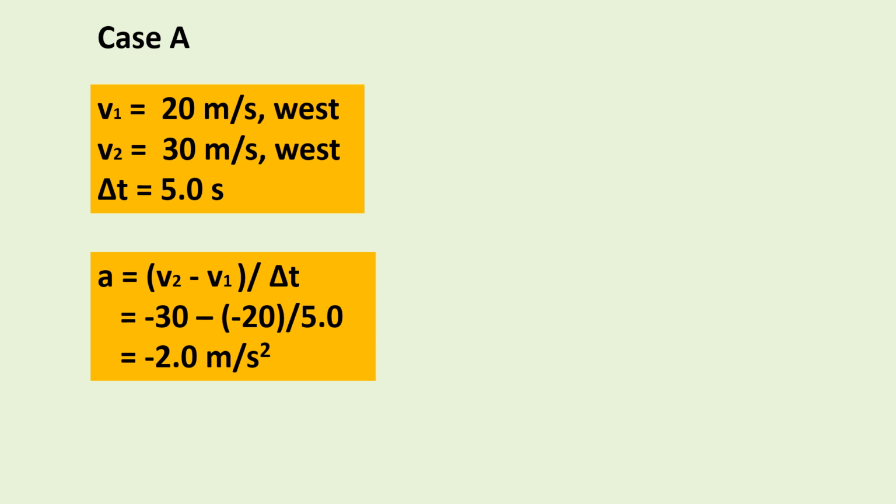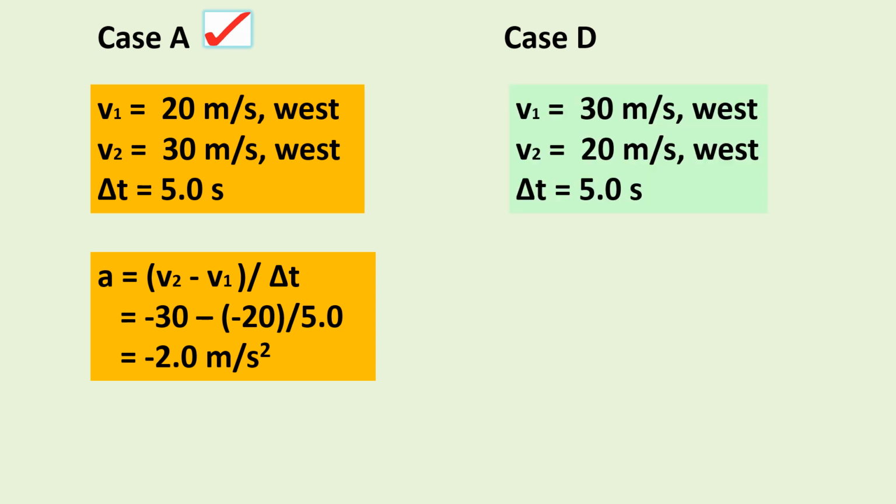So we say that option letter A is supposed to be the correct answer. How about case D? Case D is the situation mentioned in option D. Just like in explaining case A, we also assume the following.